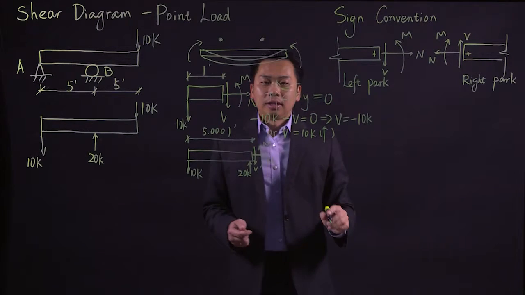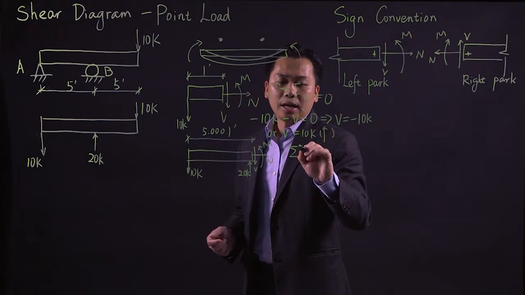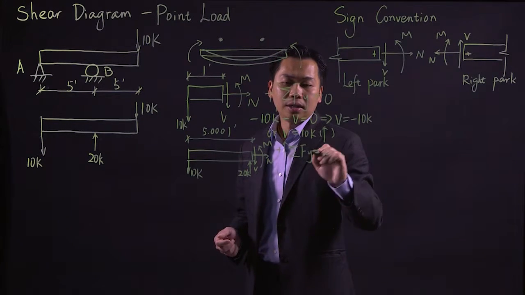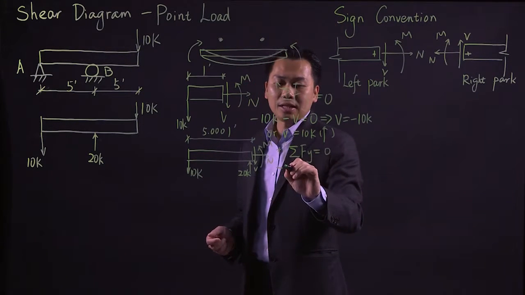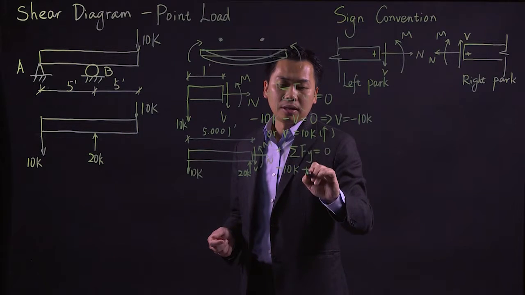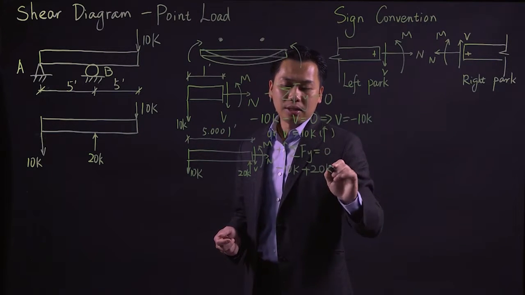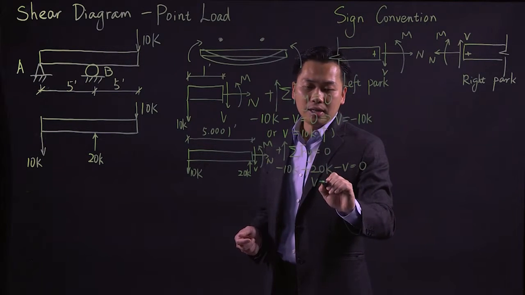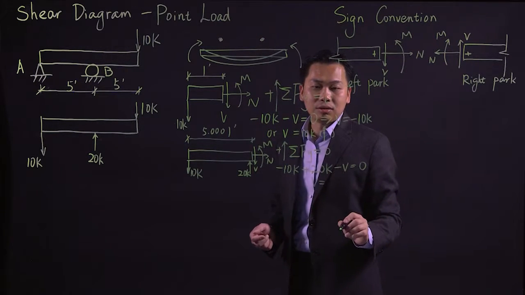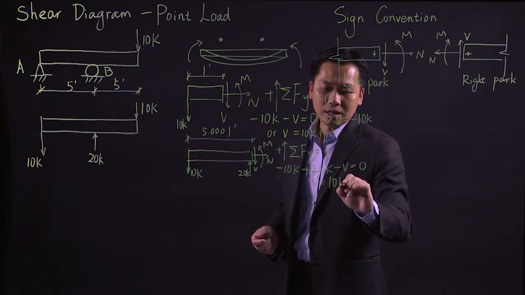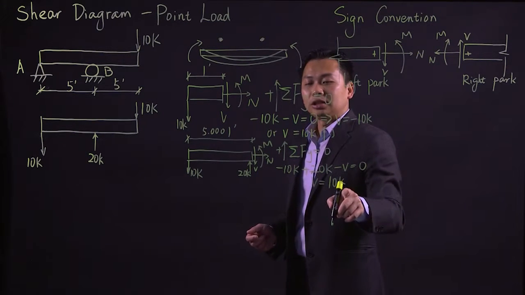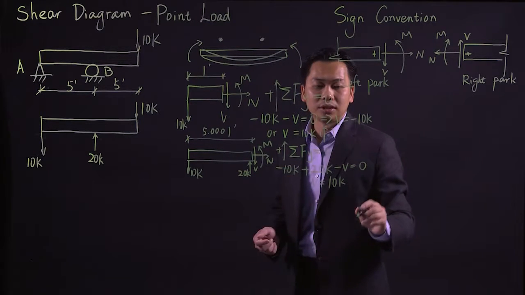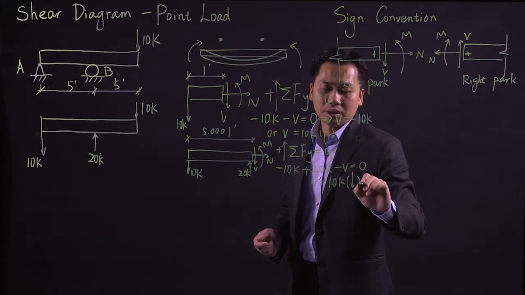Same thing, sum the forces in the y direction going upward as positive: negative 10 kips plus 20 kips minus V is equal to 0, and V is equal to positive 10. It's positive, meaning the direction of this force is the same as our assumption, which is going downward.